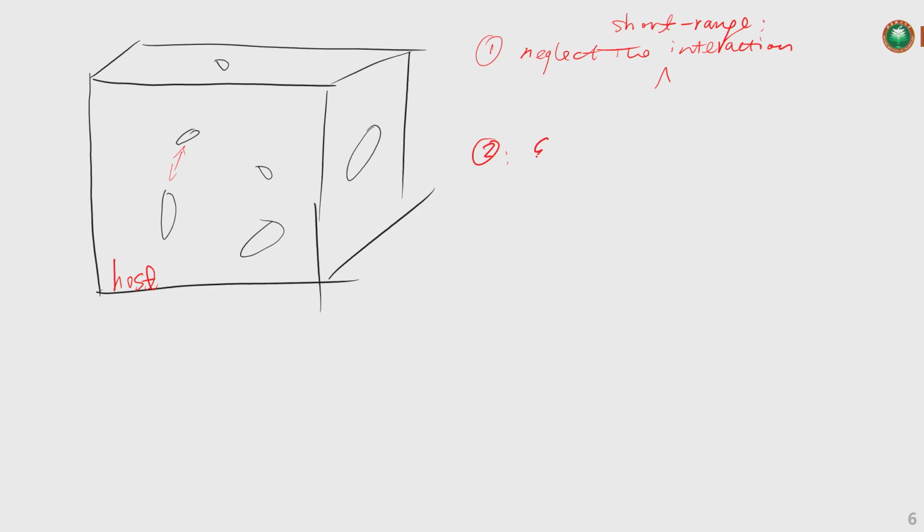We use epsilon star to represent that, and this term accounts for the short range interaction.